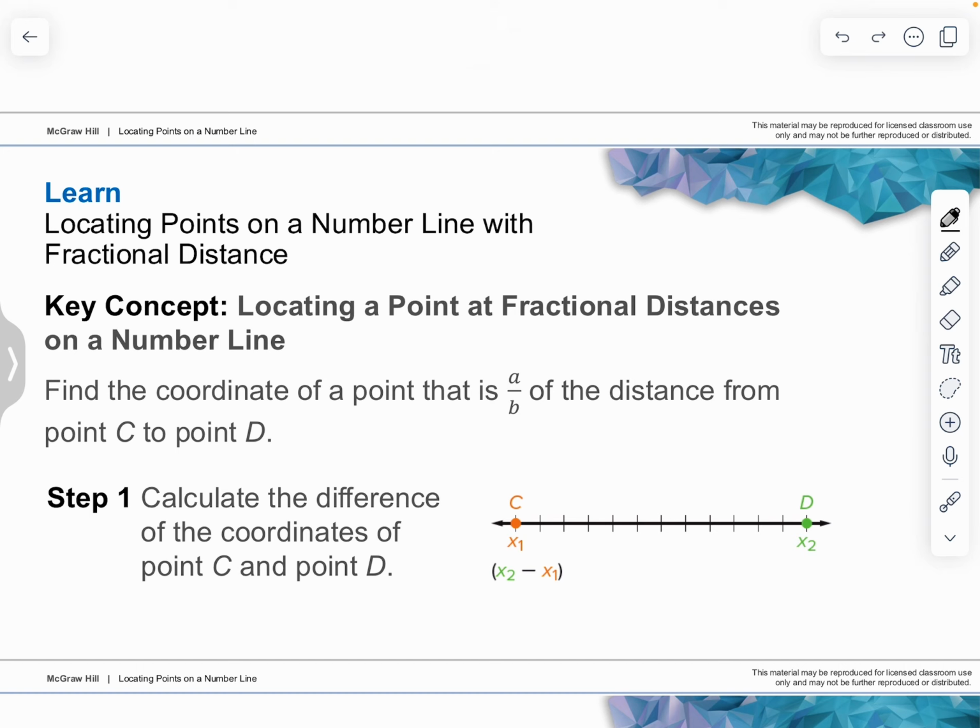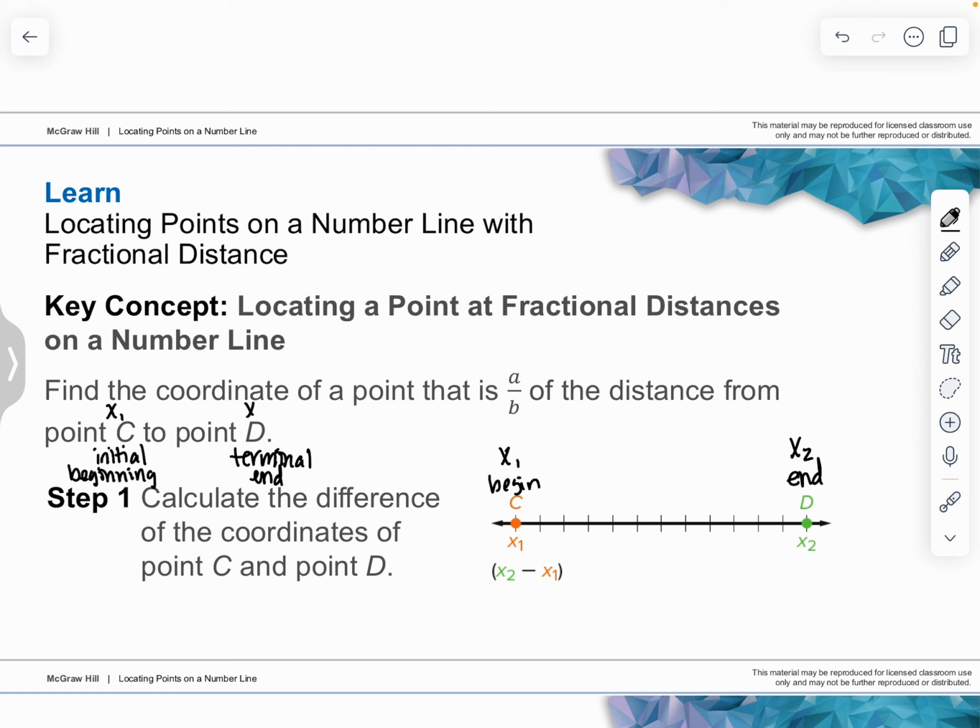The from is going to be your initial, and this will be your terminal. Or, if those are confusing, this will be your beginning, and this will be your end, okay? So, begin and end, all right? So that gets to be your X1, and that gets to be your X2.